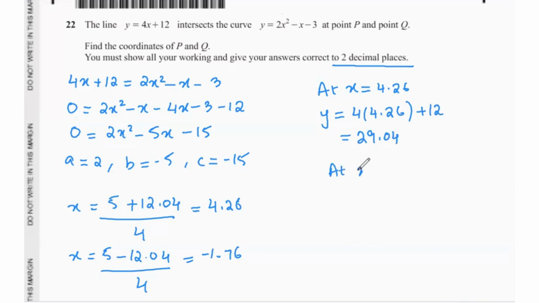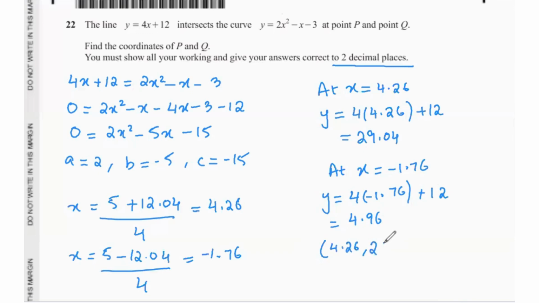And at x equals -1.76, y is 4 times -1.76 plus 12, which is 4.96. So your coordinates are 4.26, 29.04 for the first one, and -1.76, 4.96 for the other one. We call these Q and P.